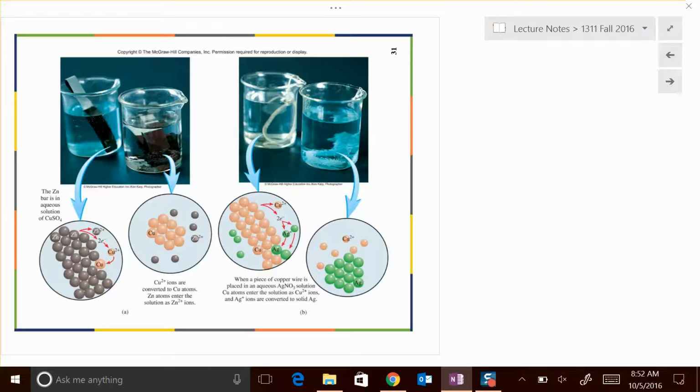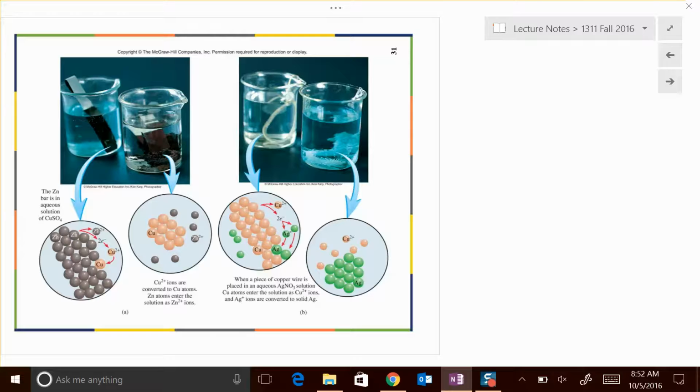So copper, when it's in its copper 2+ state, wants its electrons back in the presence of zinc. So if you stick zinc in a copper 2+ solution, then those electrons will be pulled off of zinc and put back onto copper.